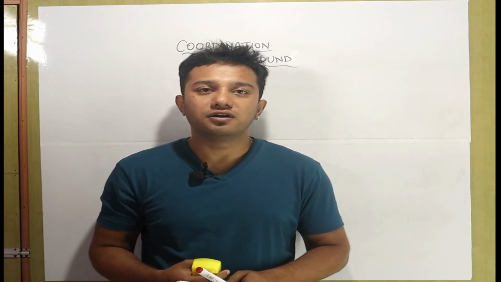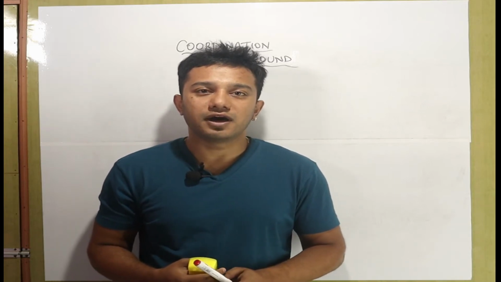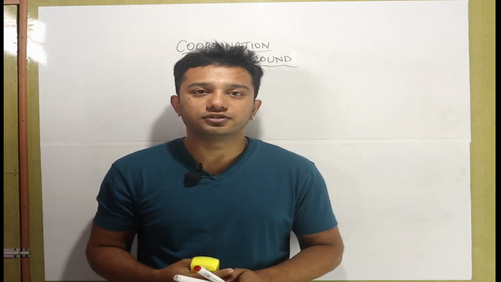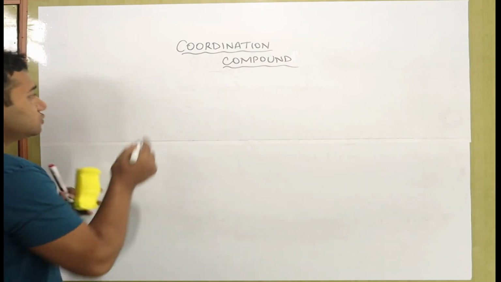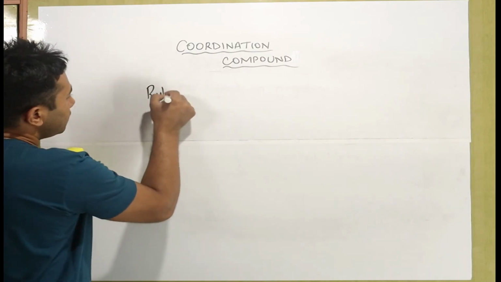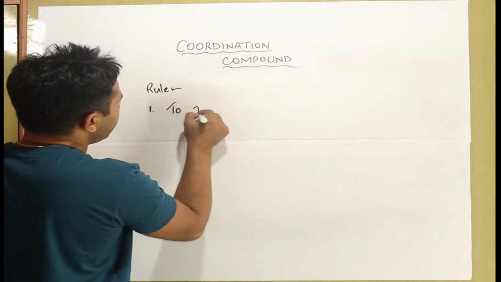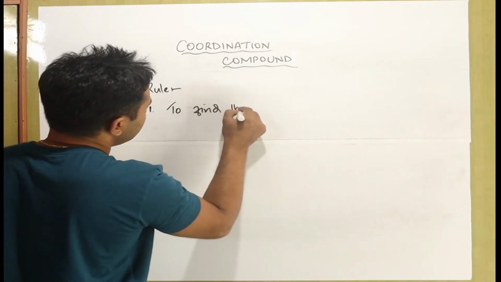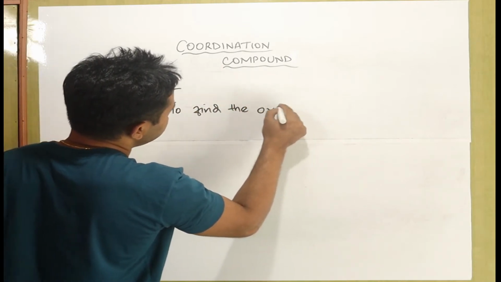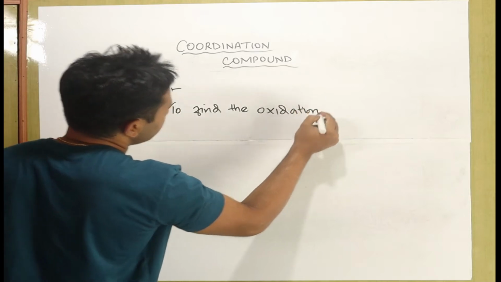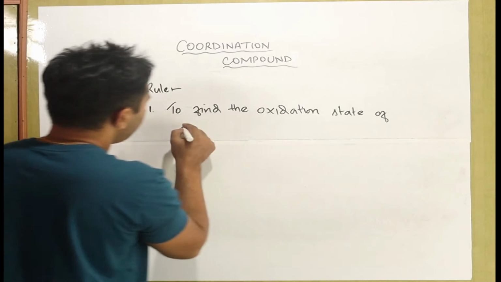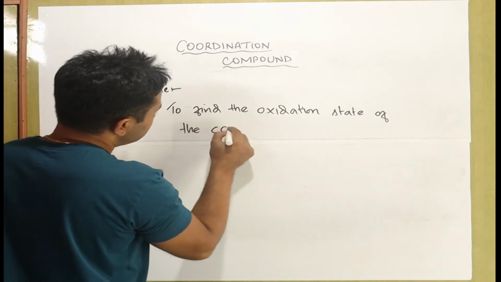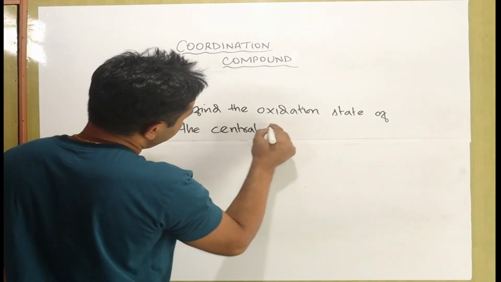Before we start, there are some rules we need to keep in mind while writing the names of coordination compounds. Rule number 1: find the oxidation state of the central metal ion. The first step before we write the name is to find the oxidation state of the central metal ion.